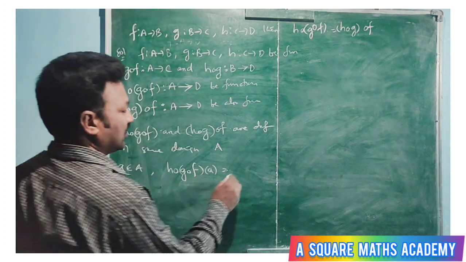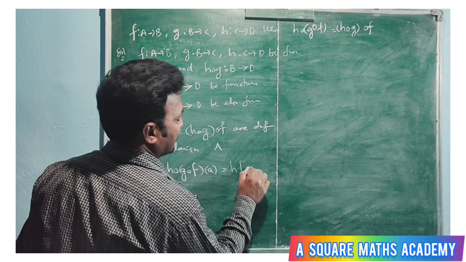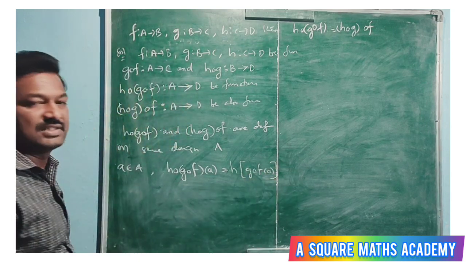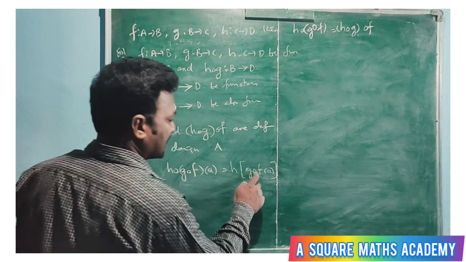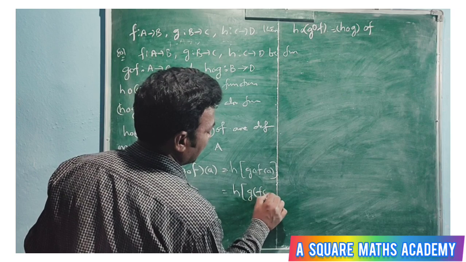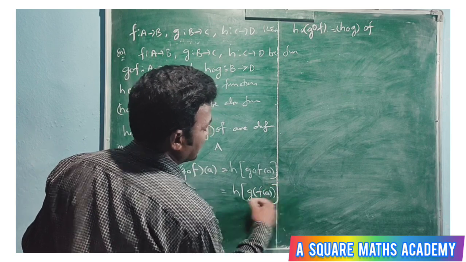So that is H circle, G circle F of a, that is H of G circle F of a. So G circle F of a is also H of G of F of a.